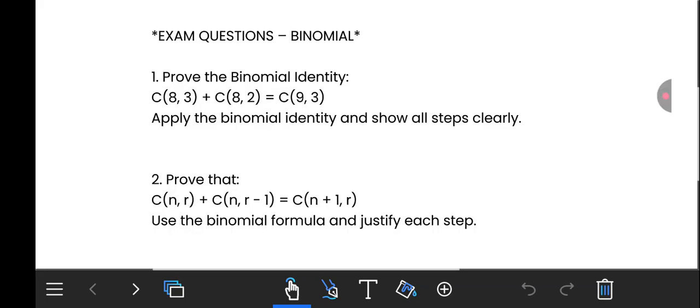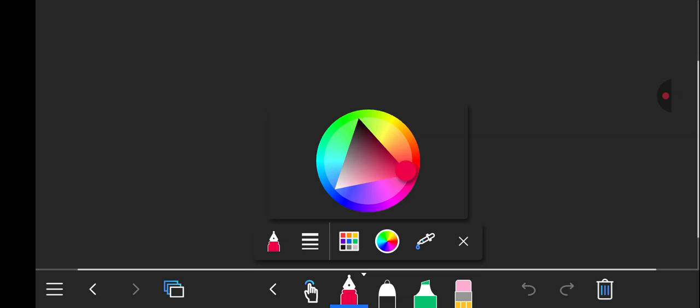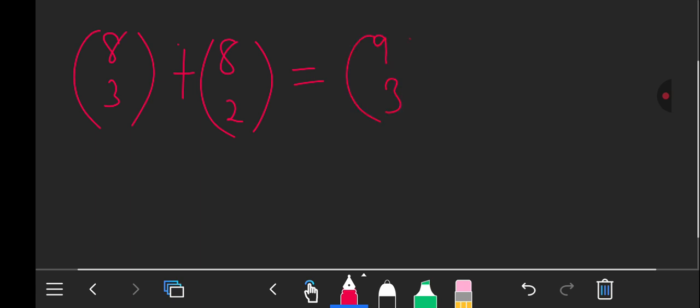So it is 8 combination 3 plus 8 combination 2 is equal to 9 combination 3.